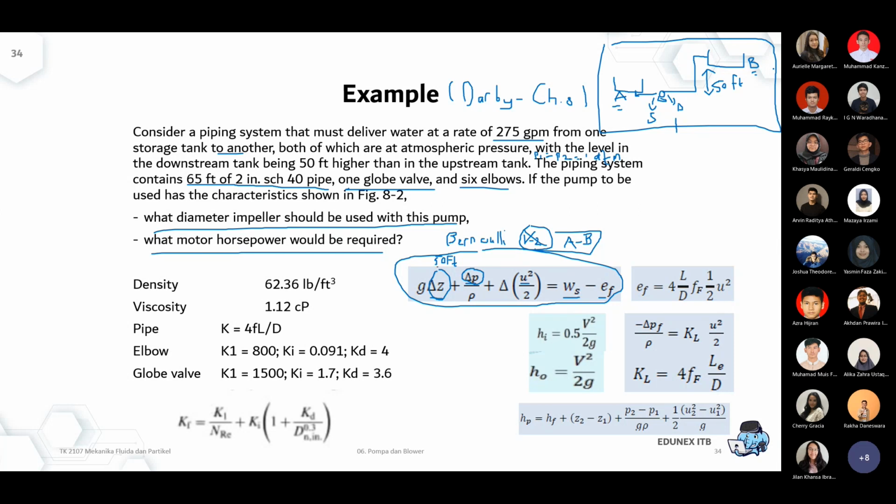Is it the one where both of which are at atmospheric pressure? Okay, what does that tell you? 0, sir. Delta P is equal to 0 because both are at atmospheric pressure, open tank. How about the delta velocity? Velocity at tank A and velocity at tank B.